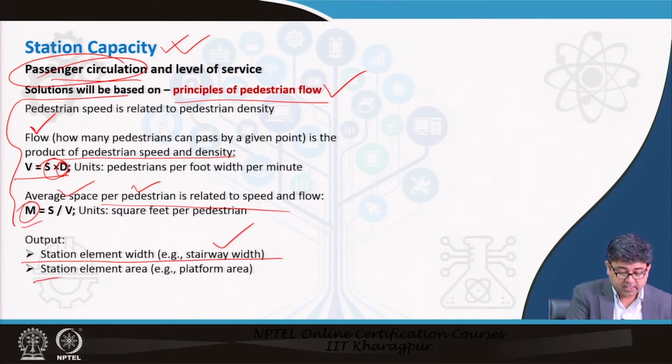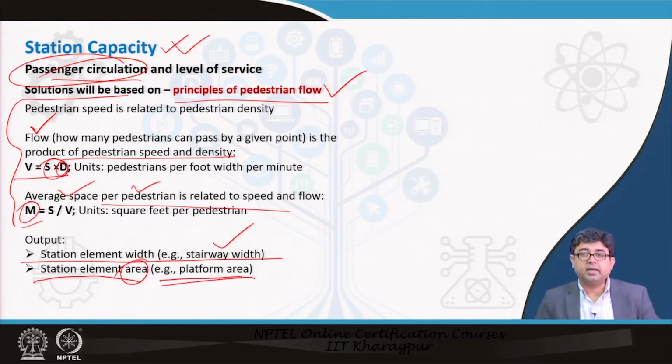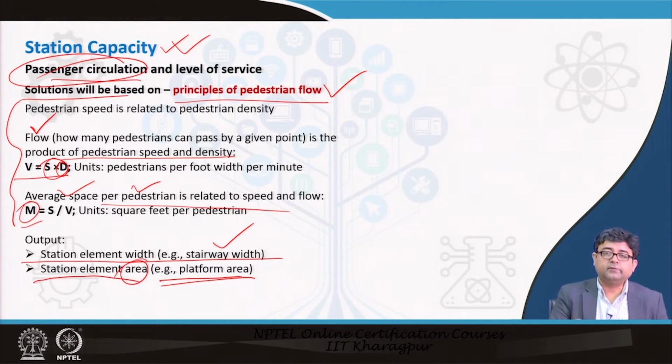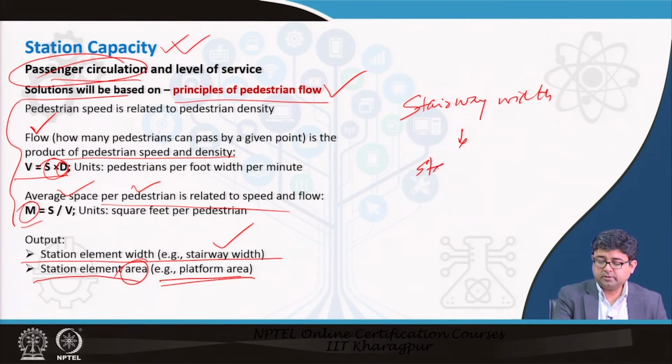Similarly, if you want to know the station element area, that can also be calculated. For example, a platform area: if you know the stairway width, you can calculate the platform width as well, and you can calculate the platform area as well. So, if I were to draw the hierarchy of the things you have to know, I first will have to know, say for example, the stairway width, and that will give you the stairway capacity.